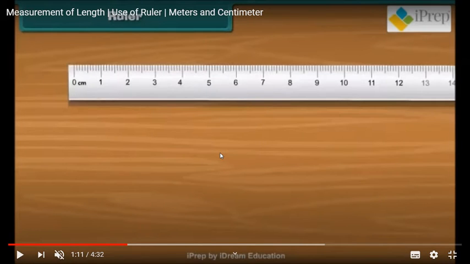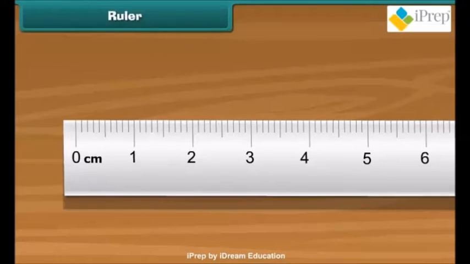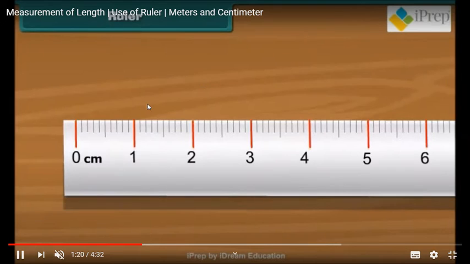See, 4 centimeter. You find many divisions on the ruler. Some lines are longer while others are smaller. These are the longer lines, shown in red, and these are small.